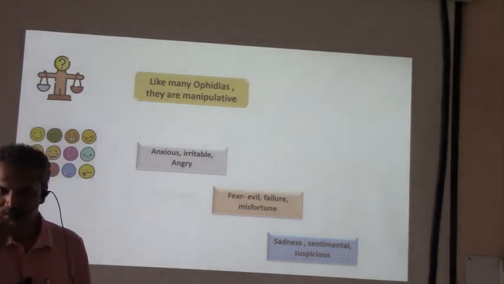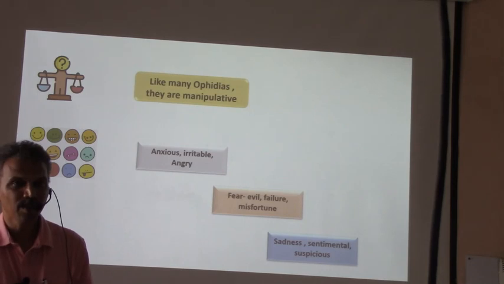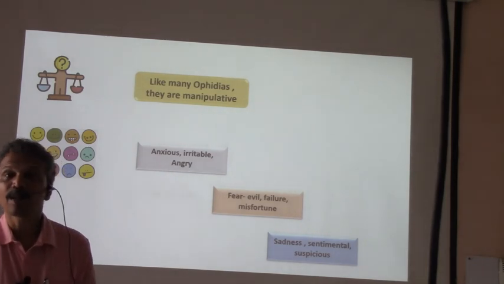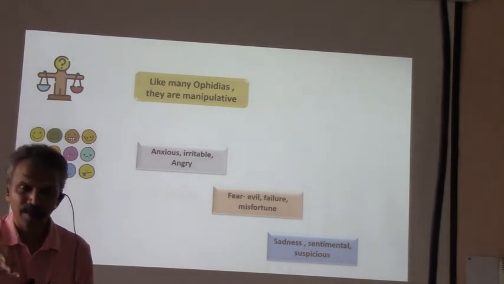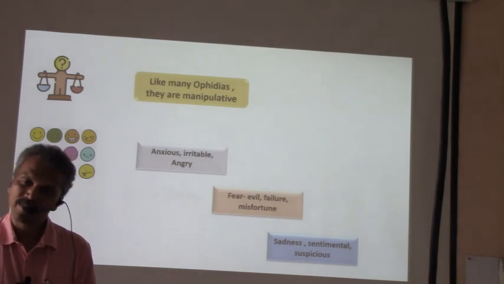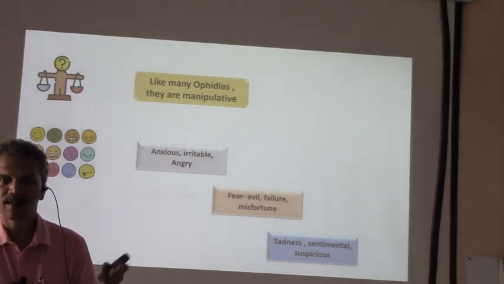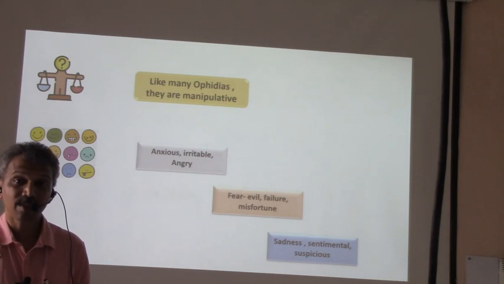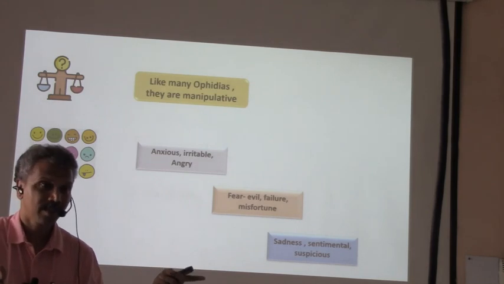Dr. Kent says if you are in a room and you have a Lachesis person, he will not allow anybody to complete or conclude. He will jump in between, and whether he knows or not, he will try to conclude. That is the character of loquacity you have in Lachesis.